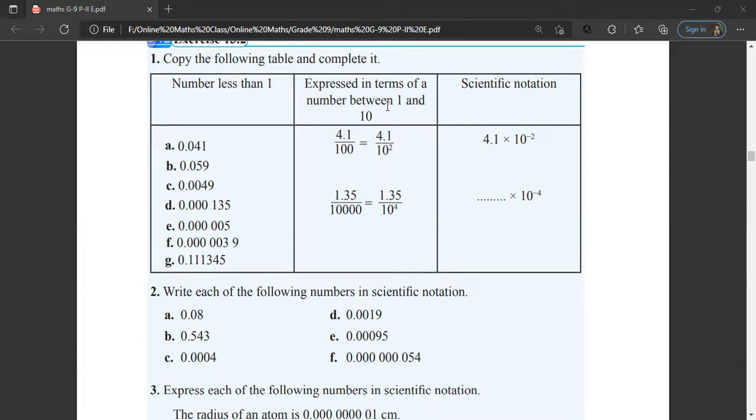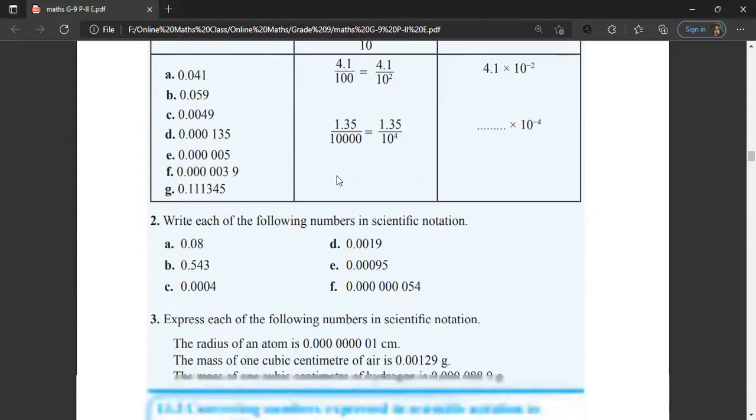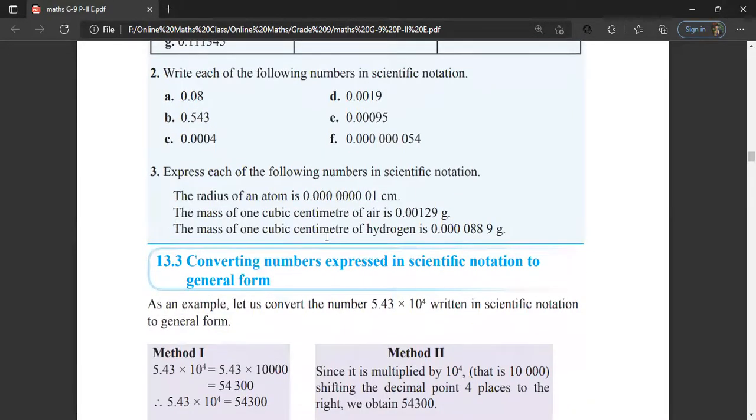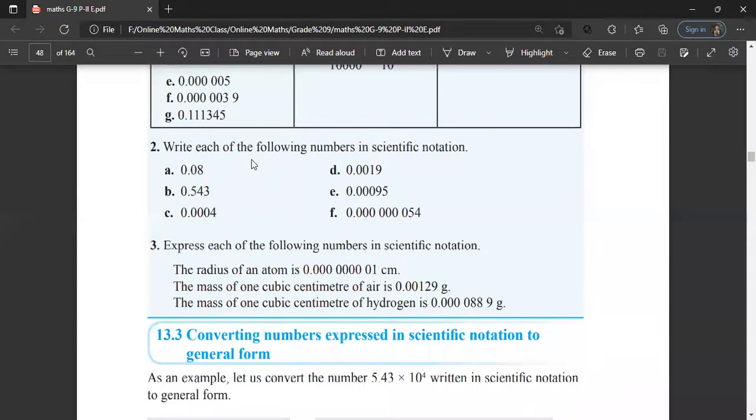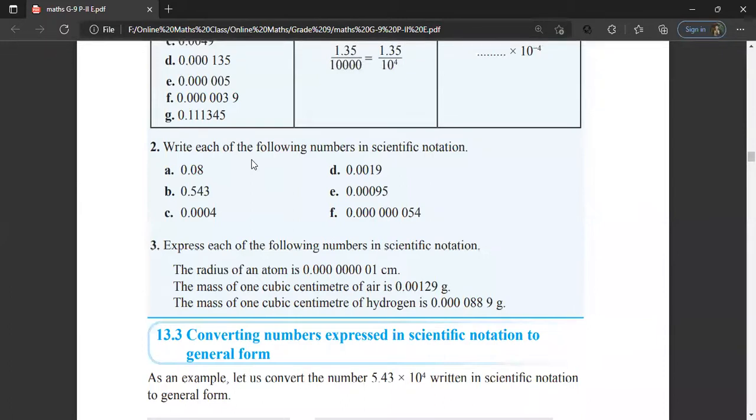Second question. Write each of the following numbers in scientific notation. Yes, there are 6 questions, 6 parts, right? First one. 8 into 10 to the power minus 2. Yes, 8 into 10 to the power minus 2 or 8.0 into 10 to the power minus 2.